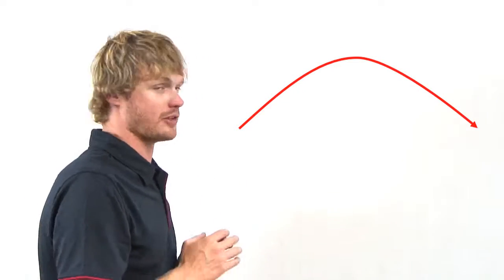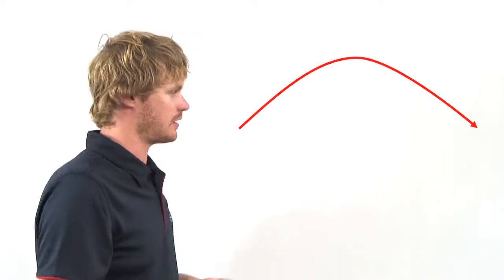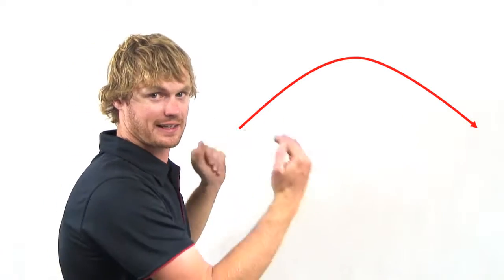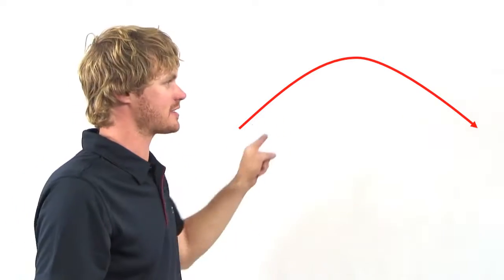Now, I made it fairly clear that the horizontal component of my velocity does not change over the motion if we neglect air resistance. But what happens if we do include air resistance? So, the normal path without air resistance would be a nice parabolic curve. Whatever it starts with would look exactly the same as whatever it ends with. Nice, perfect curve.